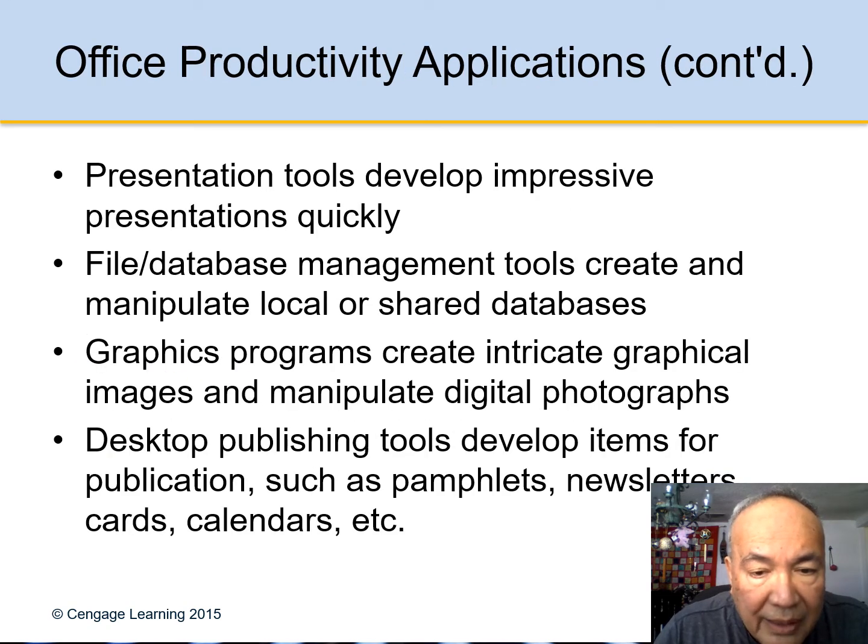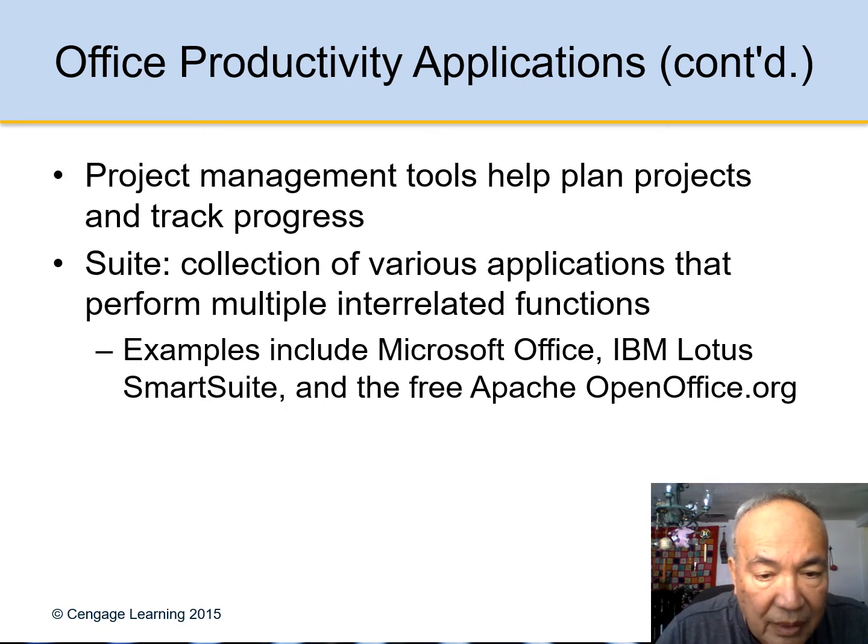And then we have other office productivity tools: presentation tools, file tools, and graphic tools to make graphic designs. And then we have project management to help track the progress of a project.